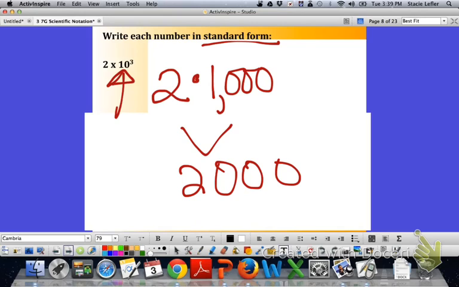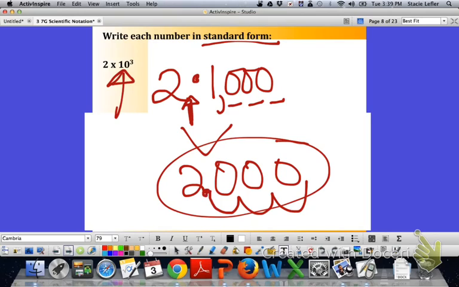Now another connection we can make is that we're just simply moving the decimal that's behind the number 2 over 3 place values because of the 3 zeros or the 3 tens that are being multiplied in 10 to the third. So I go behind the 2, 1, 2, 3, and there we go, 2,000. Put in your comma.